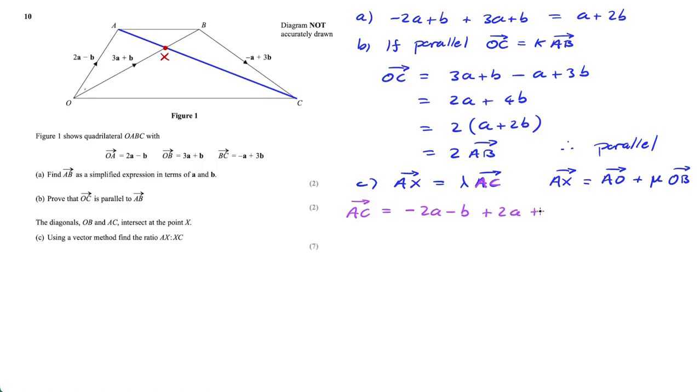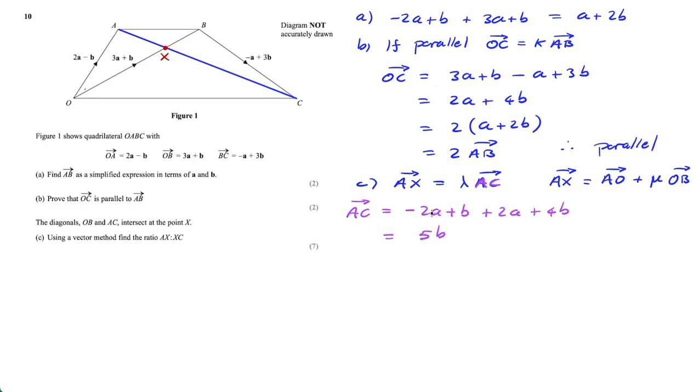AC, sorry, I just realized that's a mistake. It's minus 2a plus b. And then, well, yeah, the rest of it's right. Okay, so AC is actually equal to 5b. AC is equal to 5b. There is no a's there, so okay, that's interesting.